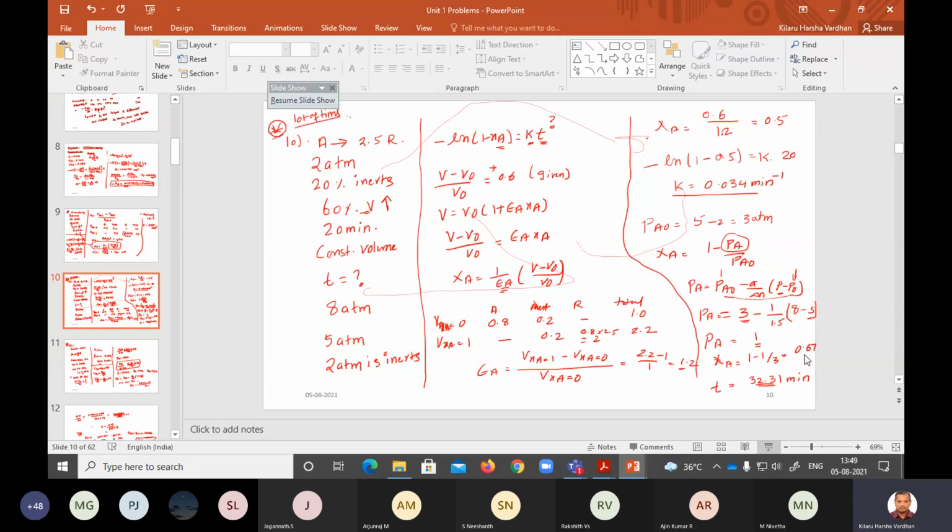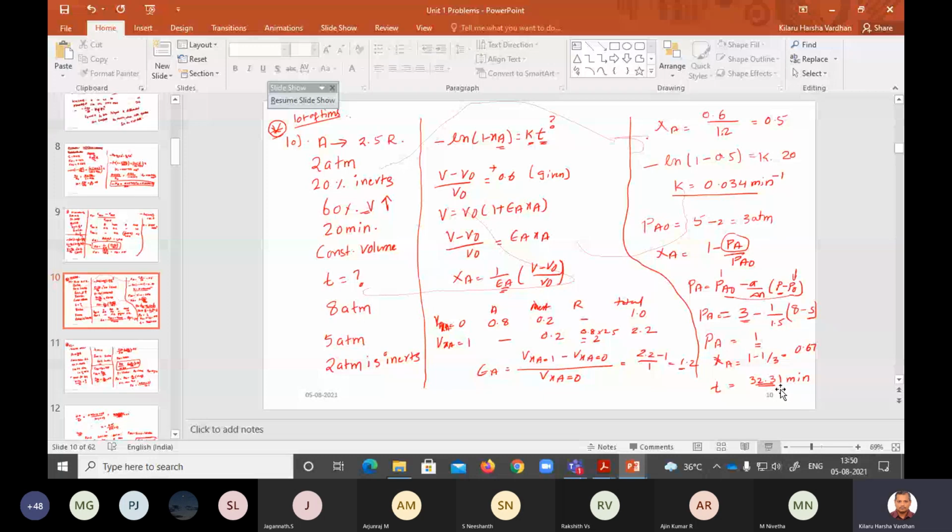This is 67% conversion, whereas previously it was only 50% conversion. Because of this variable volume, the conversion is 0.67. When you have 67% conversion, you substitute again, and the time you get is 32.31 minutes.